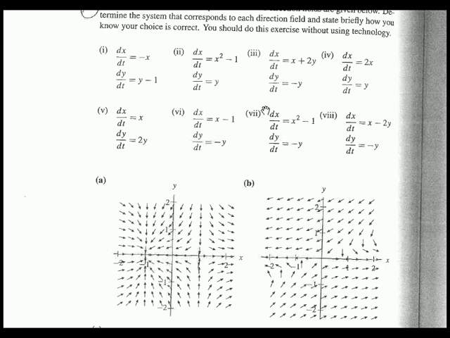And how can you tell the difference? The only difference is when you have a minus y here. So pick a point where y is, say, 1. Say x equals 1, y equals 1. That looks like about here. It looks like x prime, y prime would be 0, comma, minus something.